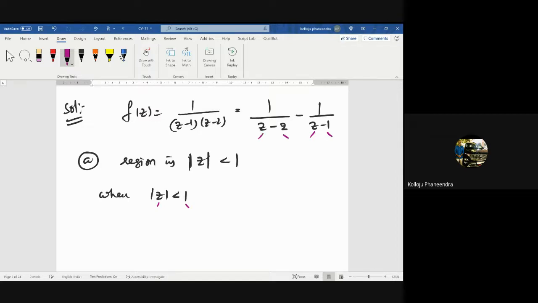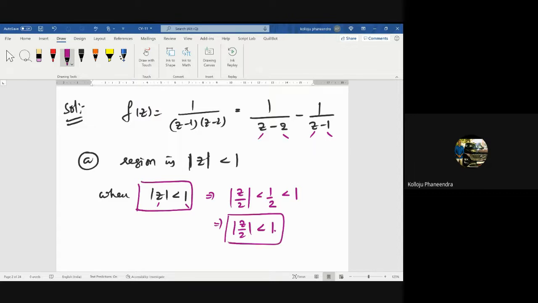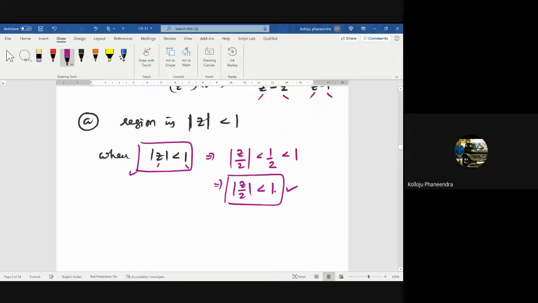But for the first term, z and 2, when mod z is less than 1, mod z by 2 is less than 1 by 2. Agreed? And 1 by 2 is less than 1, yes. Therefore, mod z by 2 is also less than 1. So mod z less than 1 is for the second term, and mod z by 2 is for the first term.